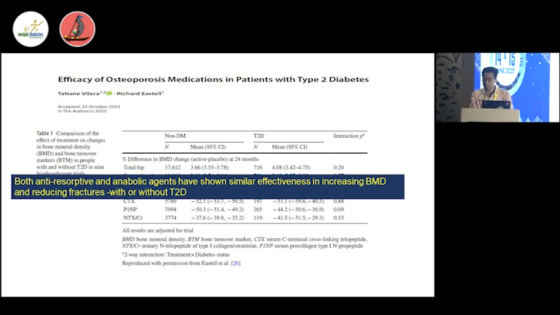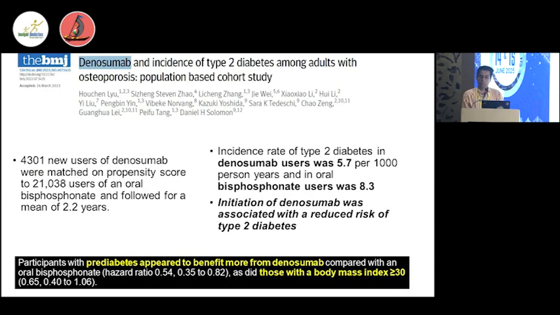Now, a very interesting question: can any anti-osteoporotic regimen decrease the incidence of diabetes or help us to control the glycemic level? There are some very interesting findings published in 2023, and some subsequent papers as well. They evaluated denosumab and bisphosphonate and looked at the incidence of type 2 diabetes.